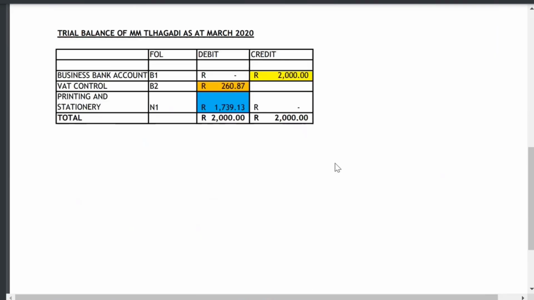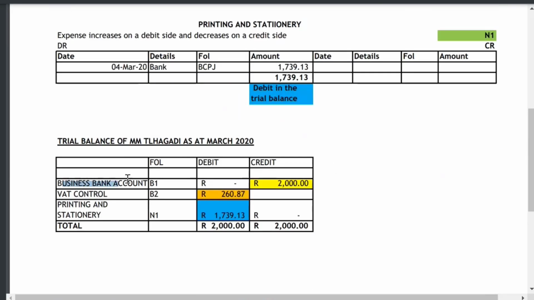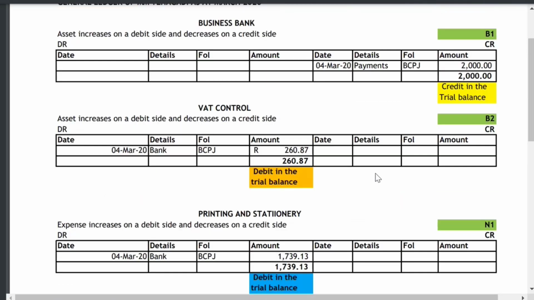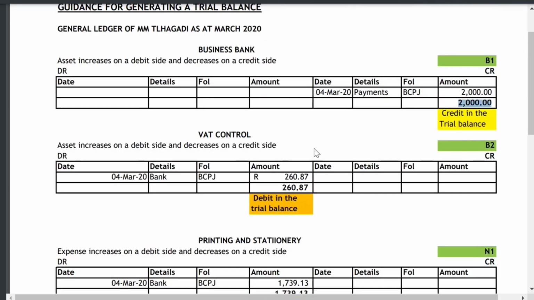So let's just look at the business bank. Can you see that in the business bank, you've credited this 2,000 Rand? Because when you have updated your general ledger, the balance that was left after updating this account was 2,000, on the credit side.